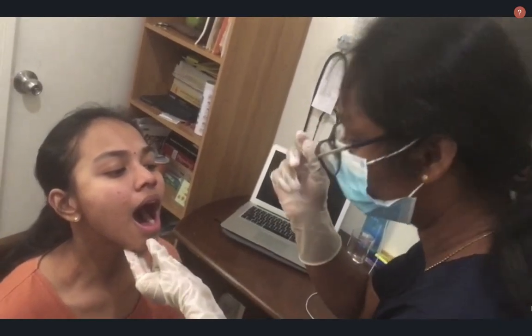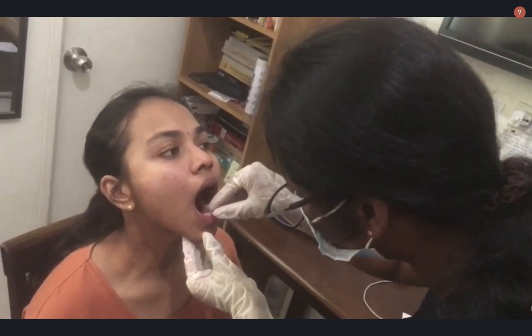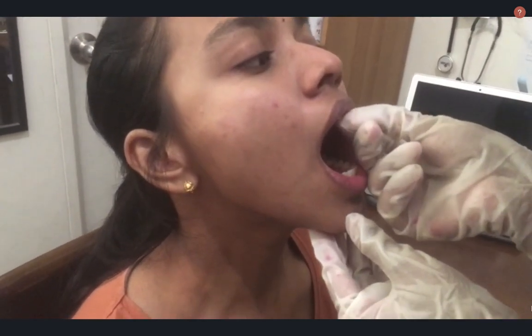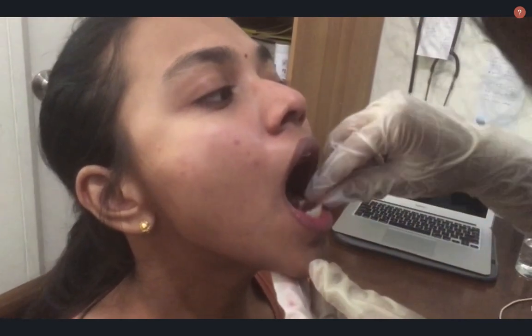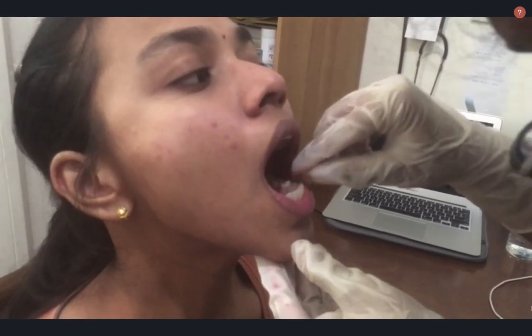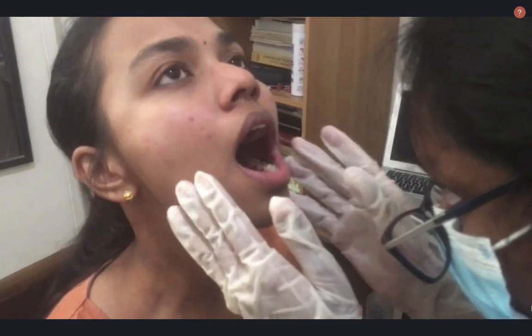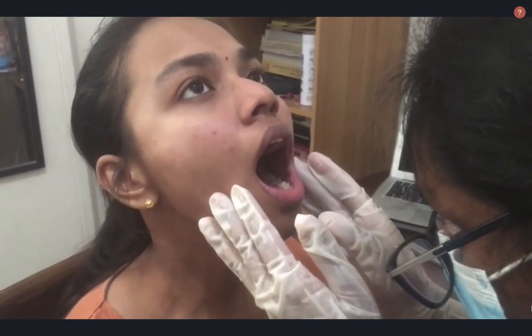Now with a gloved thumb and index finger, check if any teeth are loosened, which may lead to risk of aspiration in adults. And now check the color and the architecture of the hard palate.